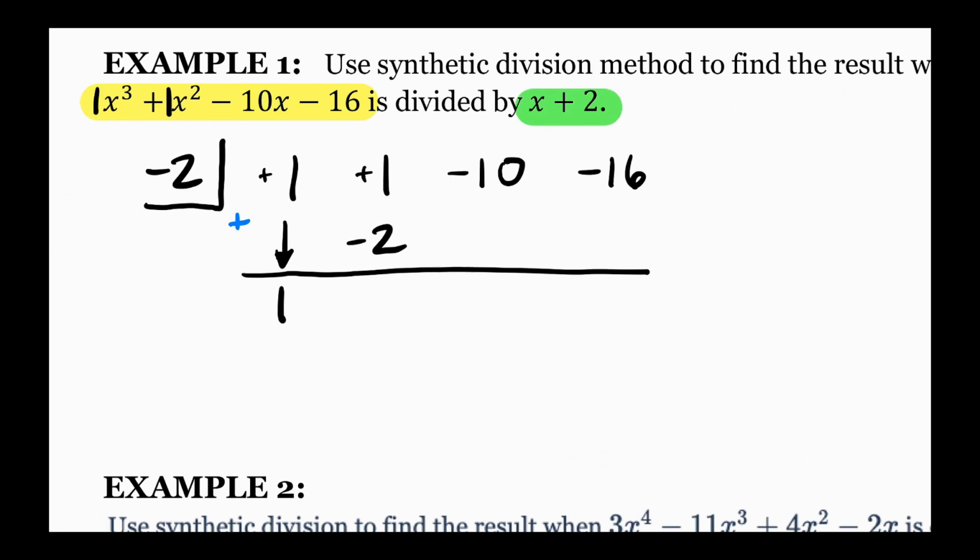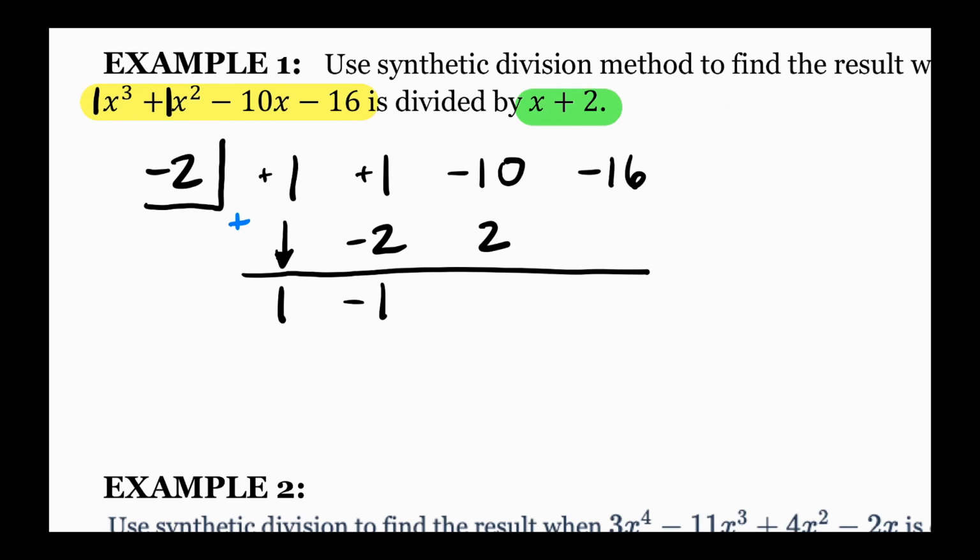Add straight down. Always add straight down. So when I add a 1 minus a 2, I get a -1, right? Okay. Do the process again. Do the multiplication again. What's -1 times -2? +2, right? So I'm going to put a +2 right there.